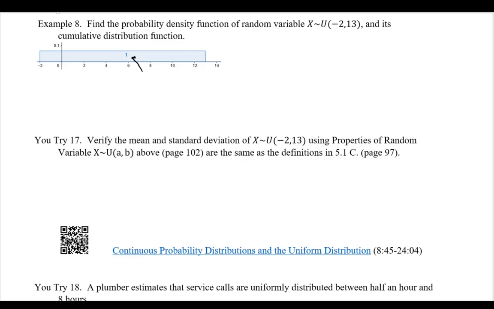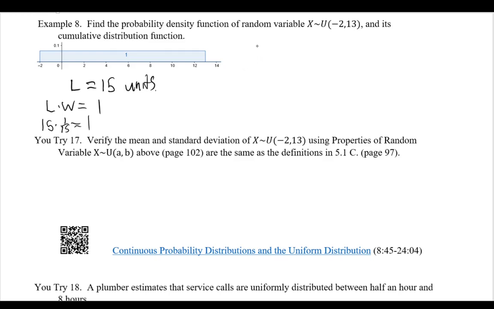That would form a rectangle. We know that the length of this rectangle is 15 units. And for length times width to equal 1, that must mean that my width, or perhaps the height here, needs to equal 1 over 15.